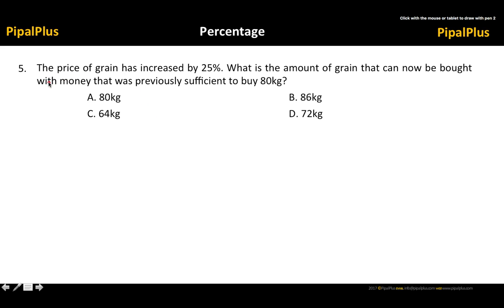Let's look at this question, which says the price of grain has increased by 25%. What is the amount of grain that can now be bought with money that was previously sufficient to buy 80 kgs? Now in this question, unlike a question that we previously seen, we are given a percentage, right? And we are also given an actual quantity, right?